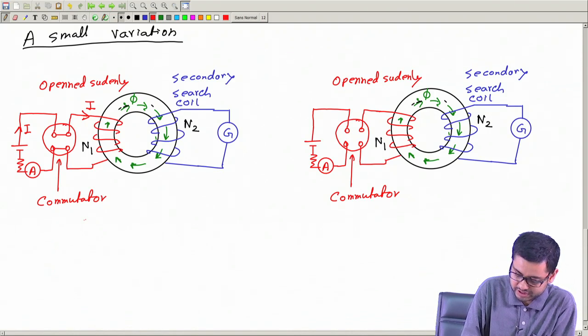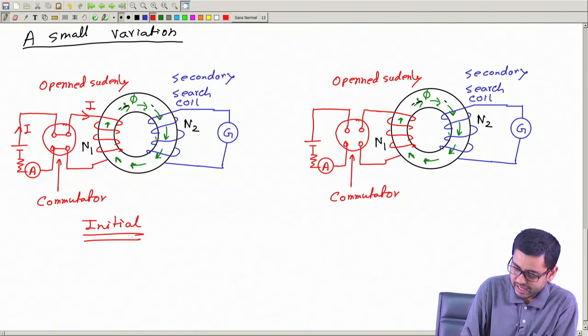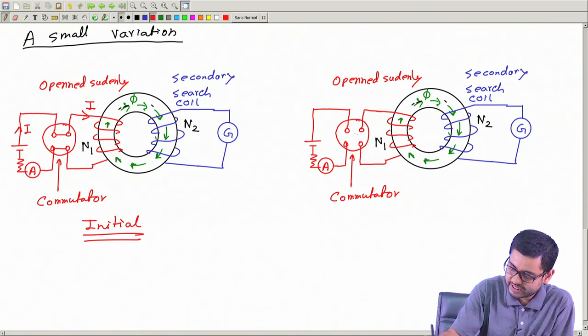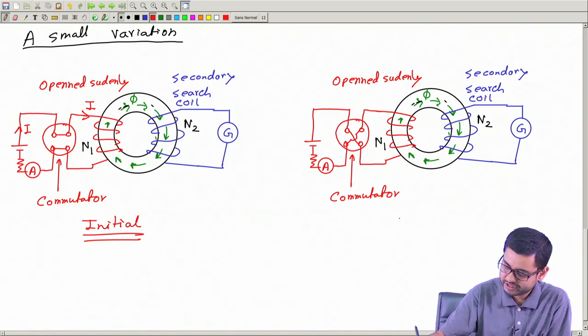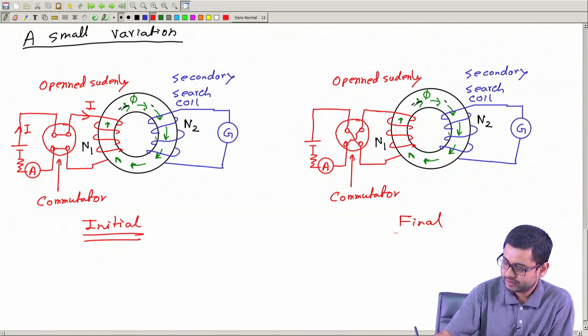This is the initial situation, and then we will suddenly change this switch position like this. This is the final position.